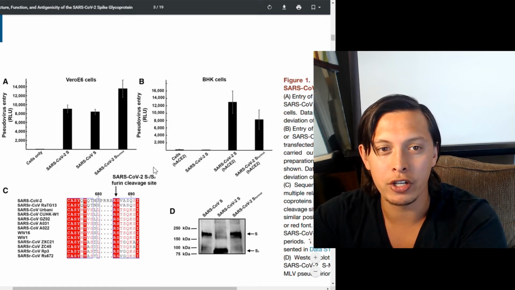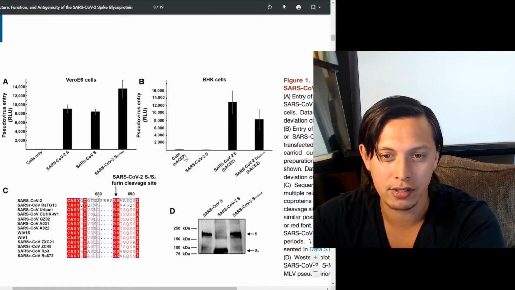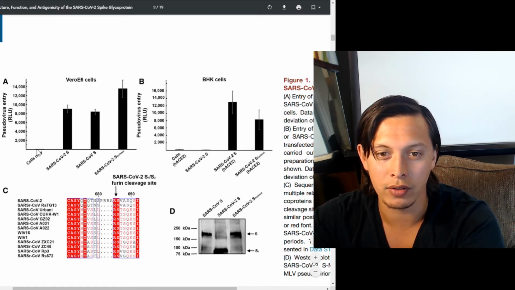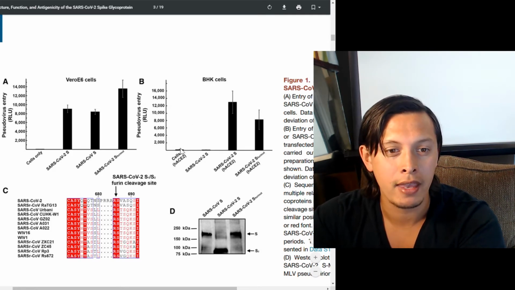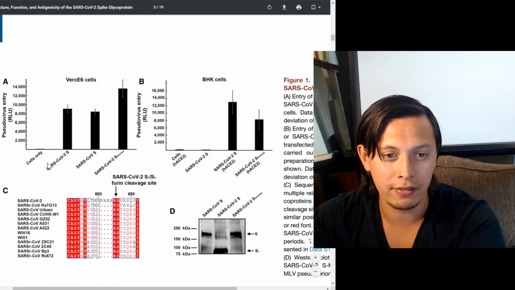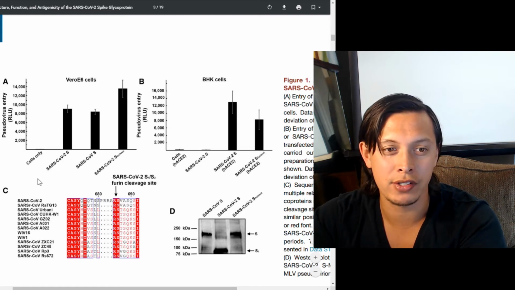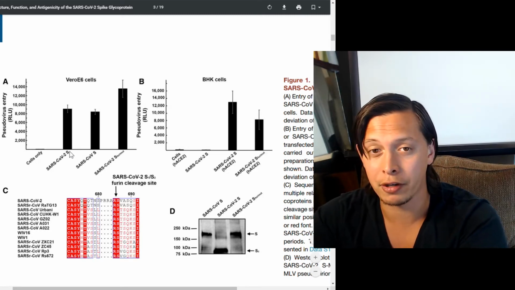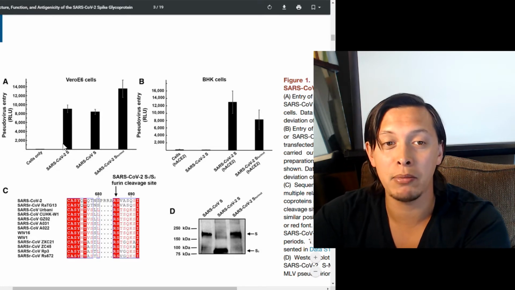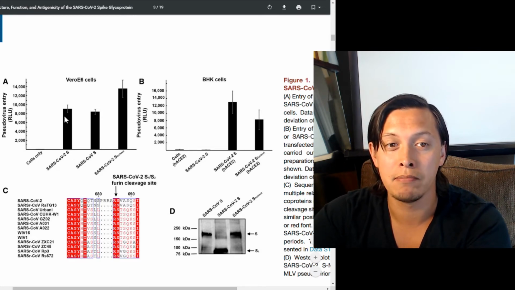And when you just have the cells only, you should have nothing getting in. Now, if you have these pseudoviruses genetically engineered to express the SARS coronavirus 2 spike glycoprotein, then it is able to get into these monkey cells, the Vero E6 cells.